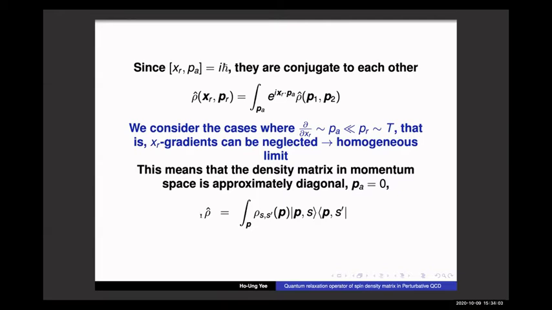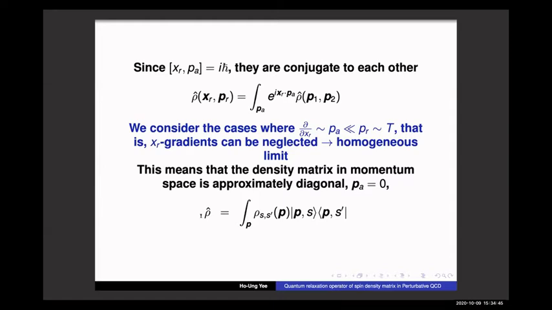In that limit, because PA is the difference between P1 and P2, essentially what we are considering is a density matrix which is diagonal in momentum space. In other words, a density matrix which is homogeneous in space is equivalent to a density matrix which is diagonal in momentum space. So this is the starting point of our computation: we are going to consider only this diagonal density matrix in momentum space.